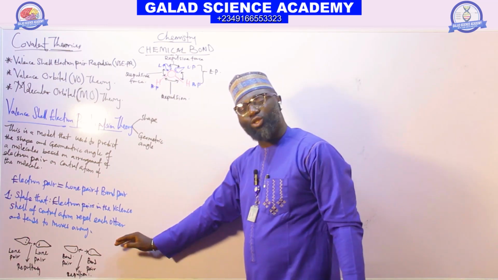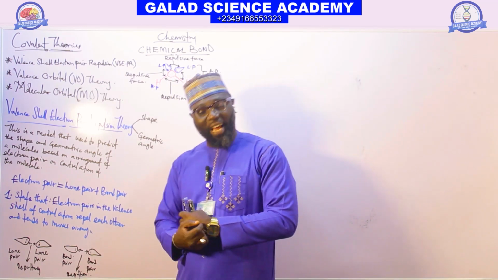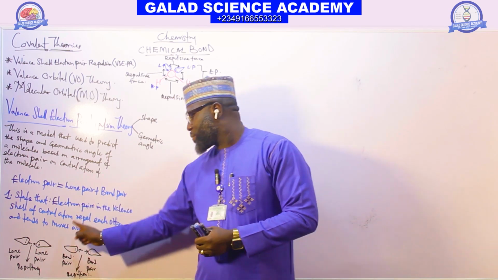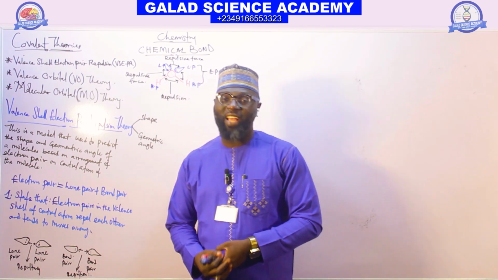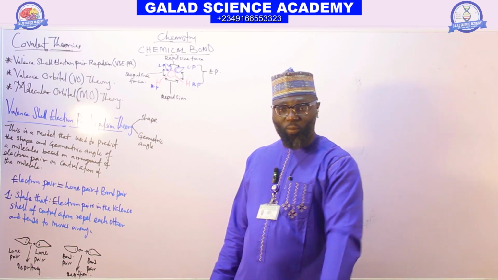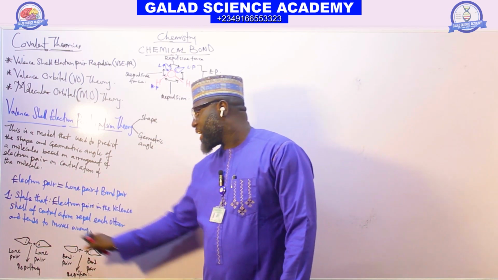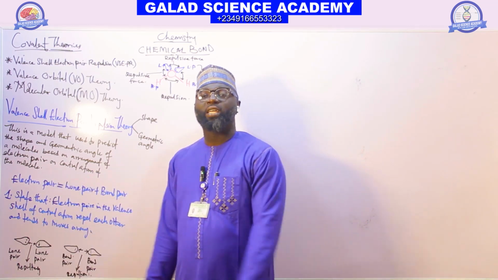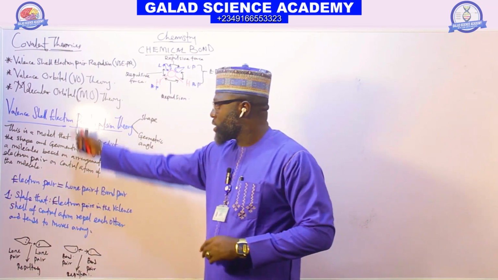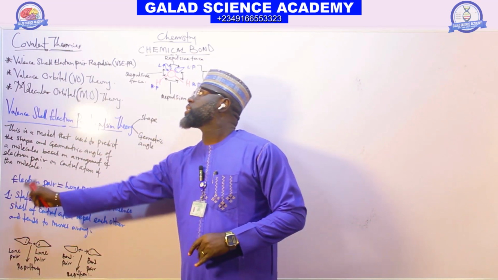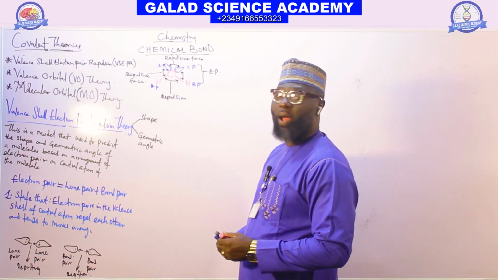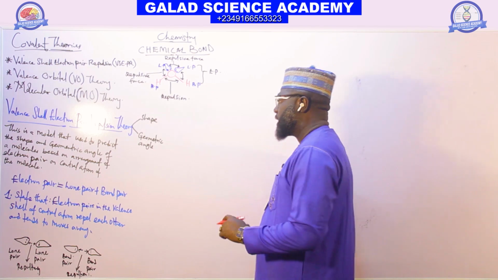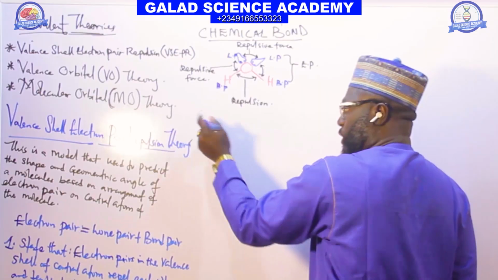That's what the first law says: electron pairs in the valency shell of a central atom repel each other and tend to move away. That's the first postulate of VSEPR theory.